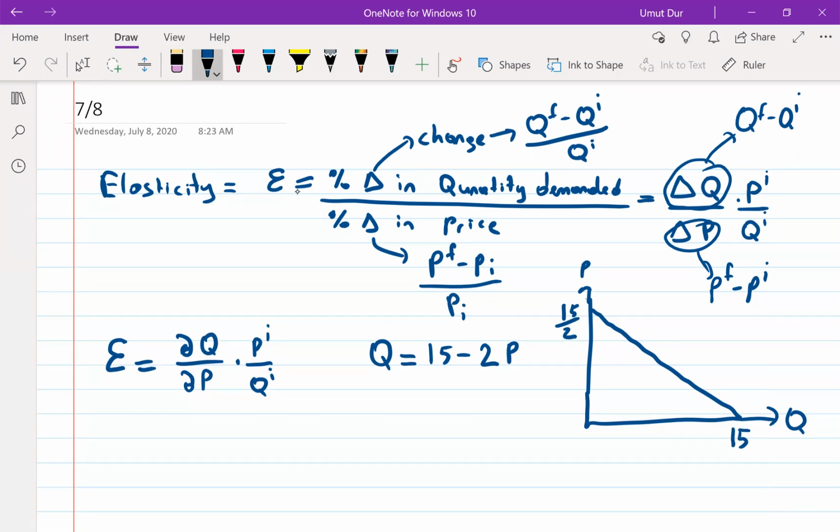If you would like to find the elasticity, for example, if price is 6, what is the corresponding quantity level?